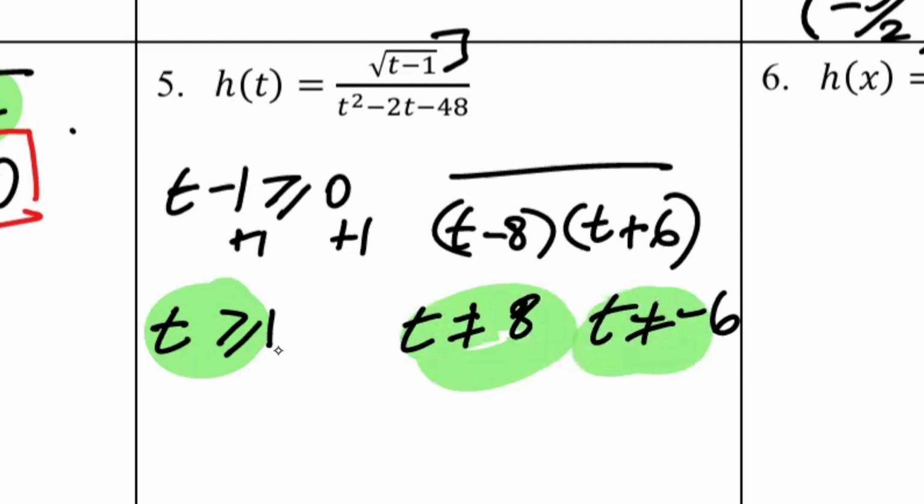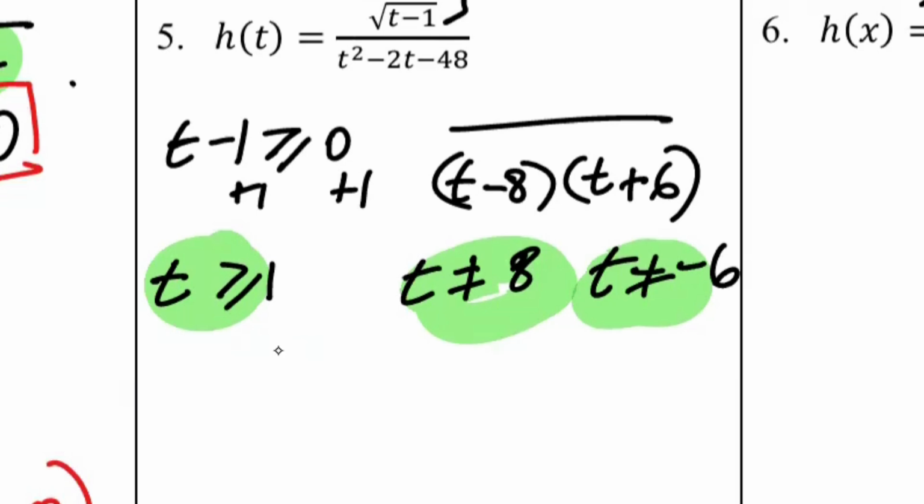So let's put everything together. If you look, we can eliminate the negative 6 because remember that t has to be greater than or equal to 1. So we're going to have to start at 1 because t cannot be equal to negative 6. We know that. But at the same time, we have to start at positive 1 to satisfy everything.